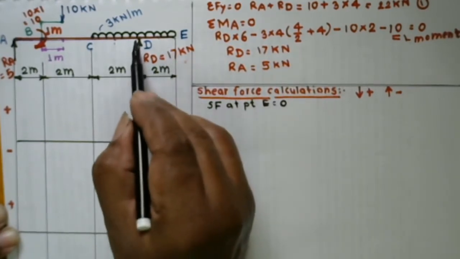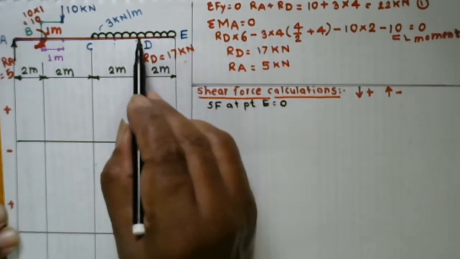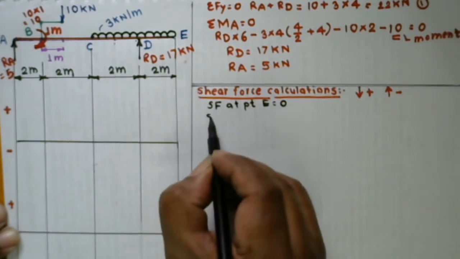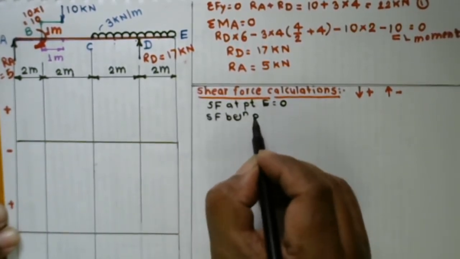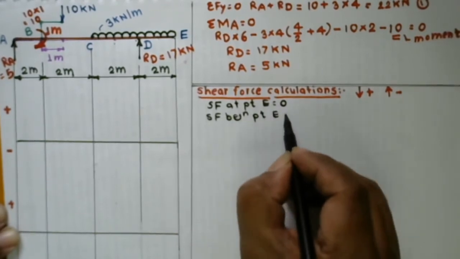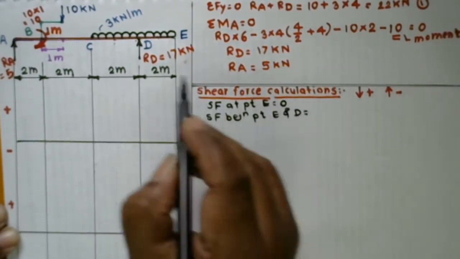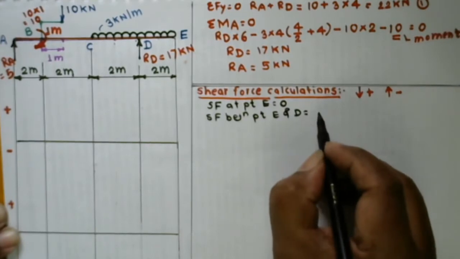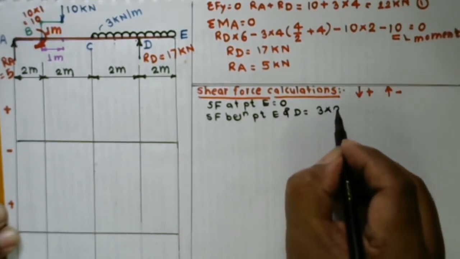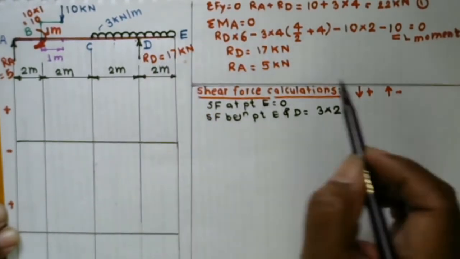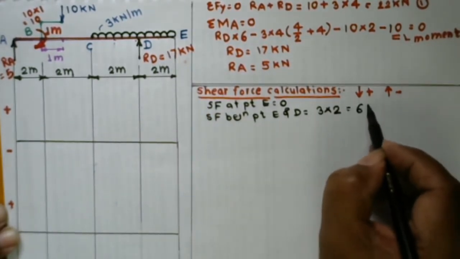Next point D. Between points E and D there is a UDL, so the shear force between E and D: the UDL is acting downward, so the sign will be plus, 3 and its span up to point D is 2, so this becomes 6 kilonewton.